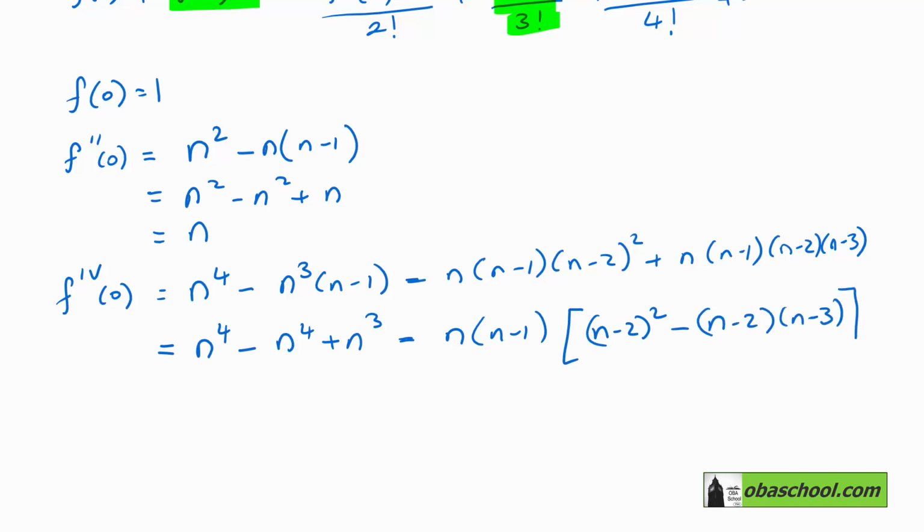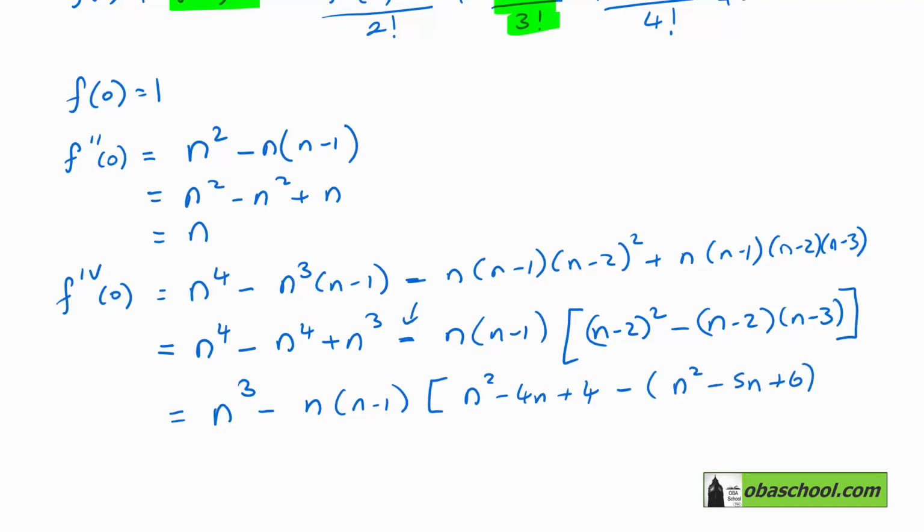Be careful with the signs there because I took a minus out here, which is why that second one's negative. So that's going to be n cubed, take away n minus 1. And this is going to give me n squared minus 4n plus 4, take away n squared minus 5n plus 6.